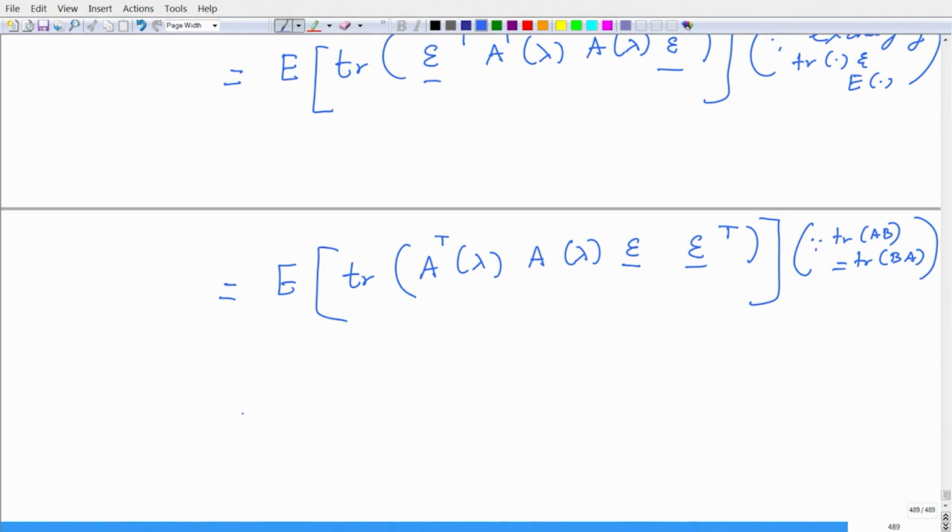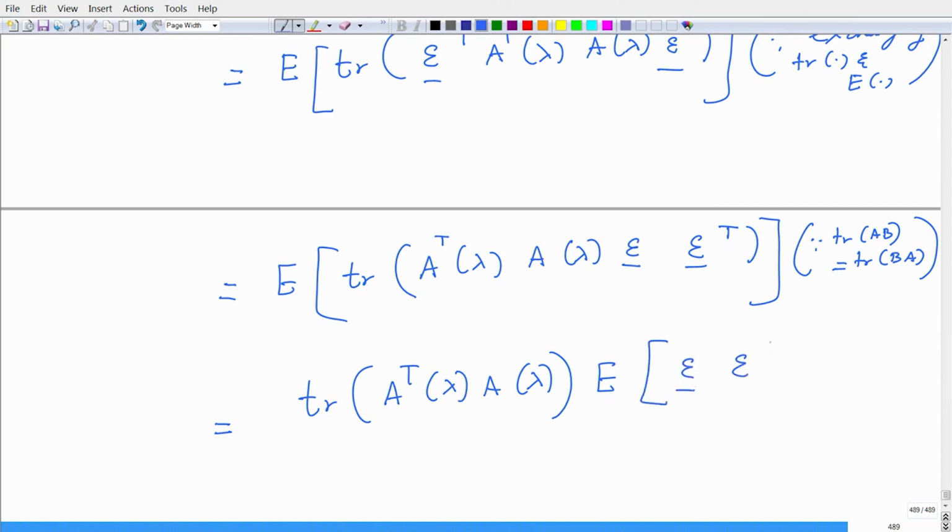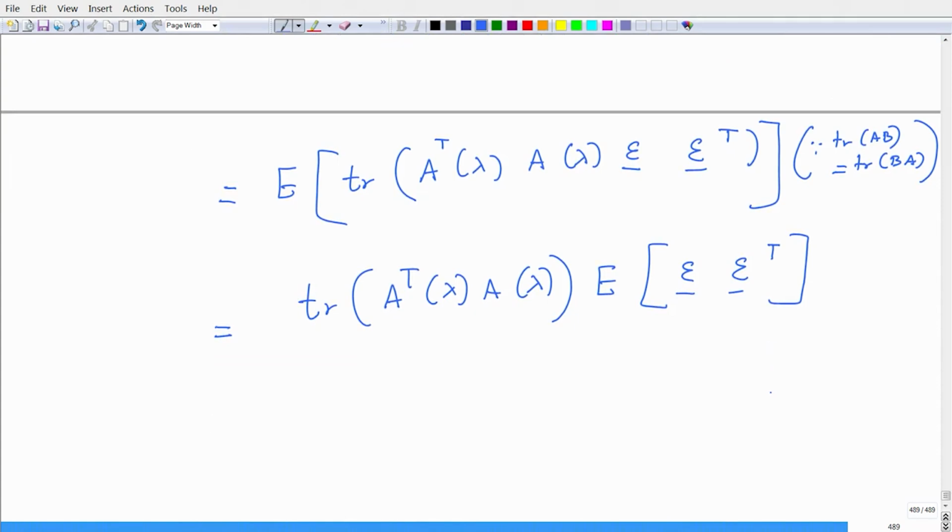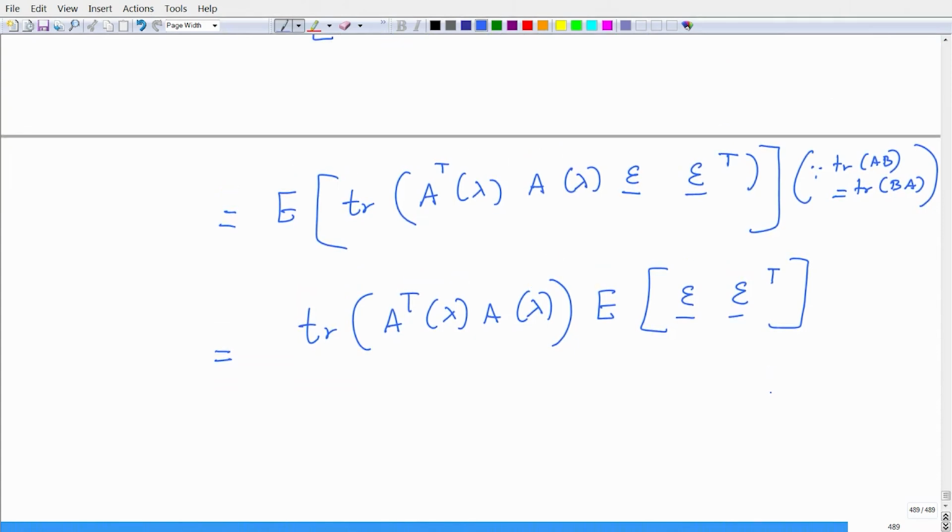Now, this is slightly easier for me to simplify, because what I can do is I can pull this trace of A transposed A of lambda transposed times A of lambda. I pull this out and I do the expectation over this quantity here, and this happens to be my sigma square in terms of my covariance matrix.